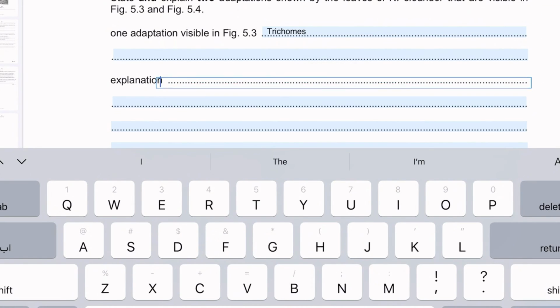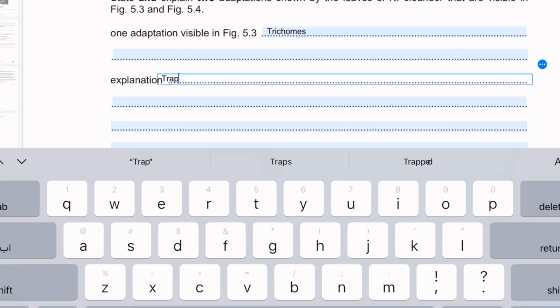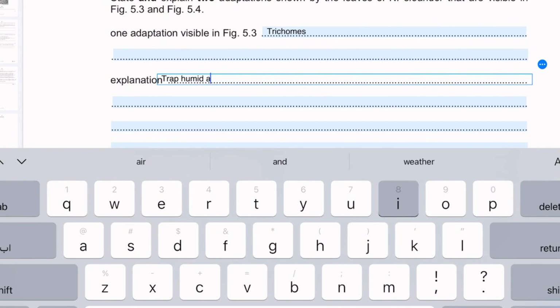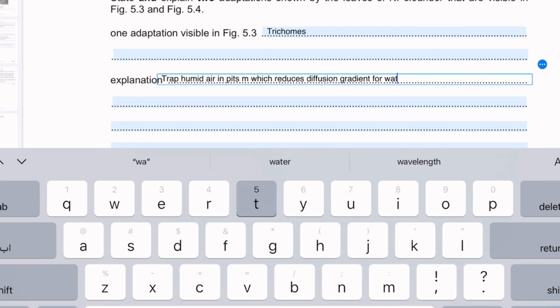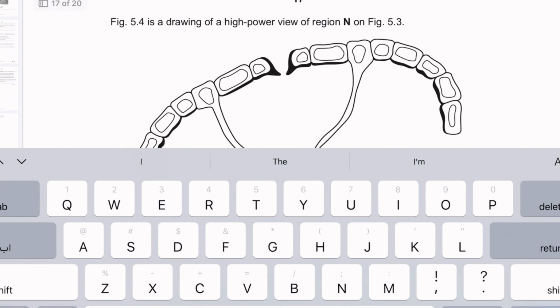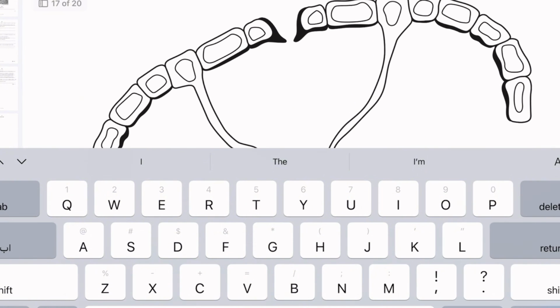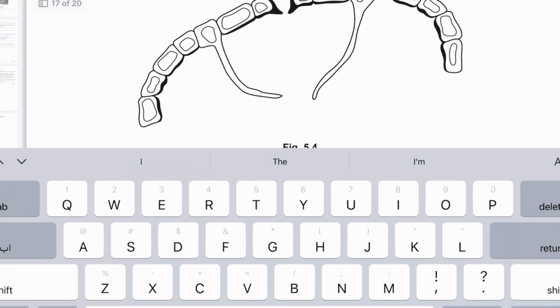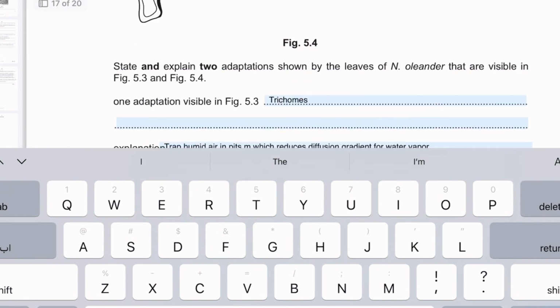They're able to trap humid air in these pits, which reduces the diffusion gradient for water vapor, obviously reducing the rate of transpiration. And then another adaptation would be, I think, a waxy cuticle. But another thing is that stomata are found in pits, so that's an adaptation.